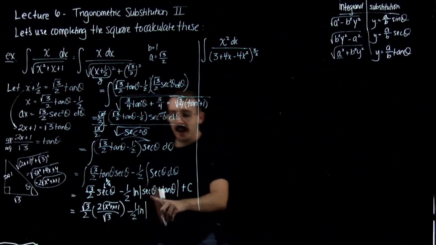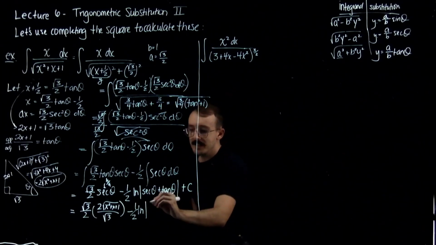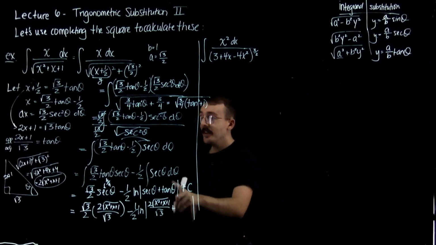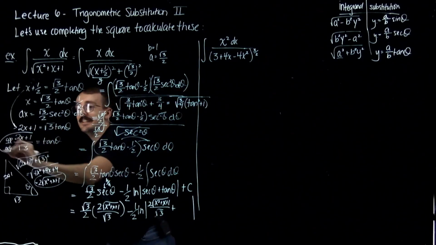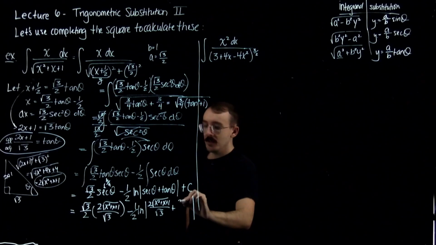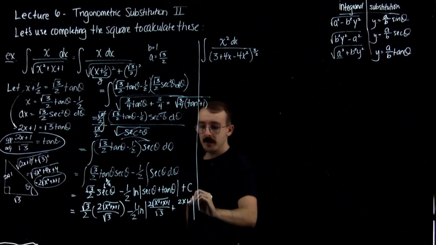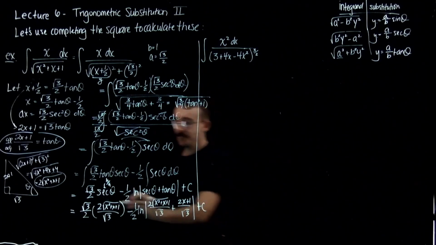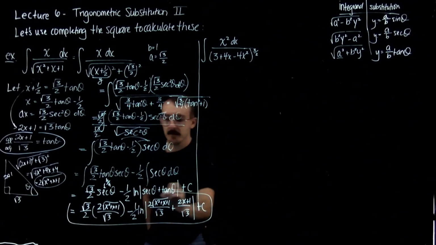This is ln of, I just said what secant was, it's 2 radical x squared plus x plus 1 over root 3. And then tangent, we had that, didn't we? It's over here. You could go to the triangle, but we already know what tangent is. That's 2x plus 1 over root 3. And this is plus c. So this is our final answer.